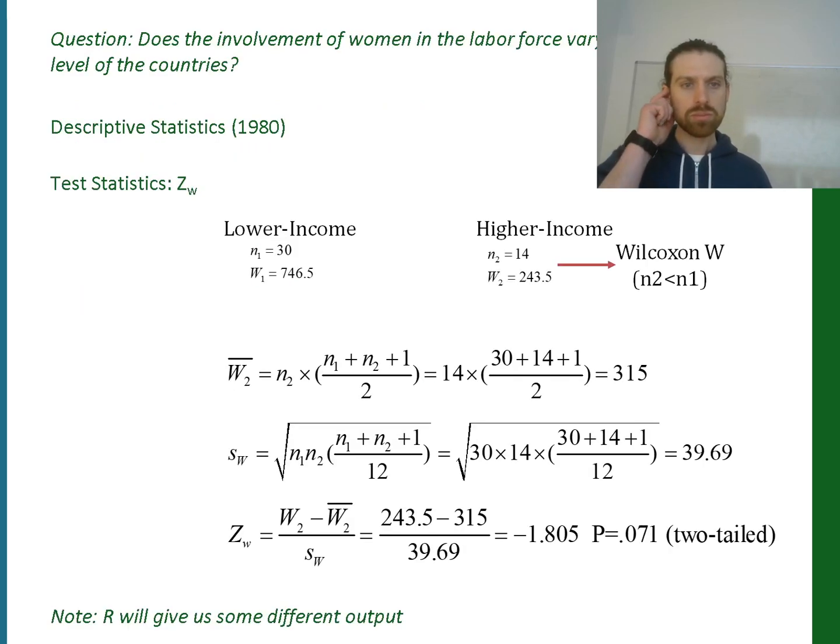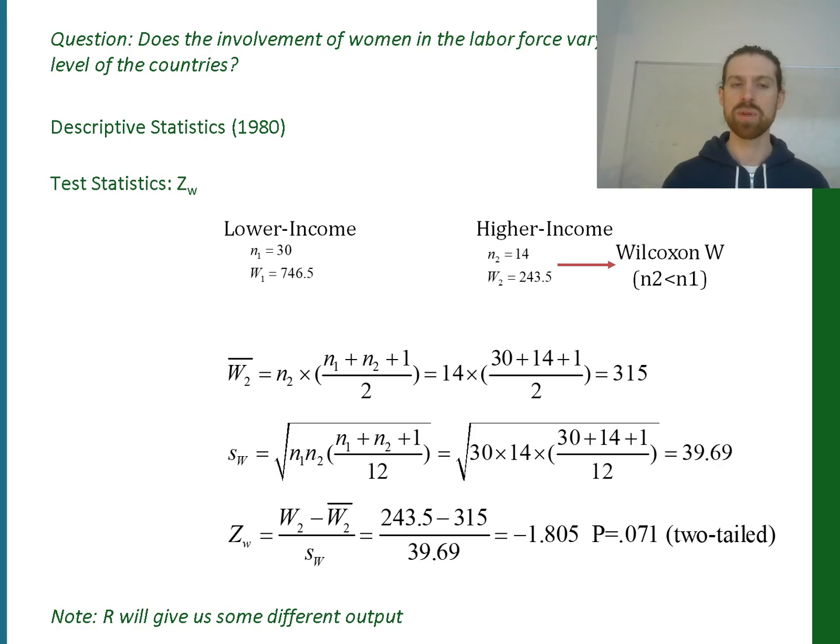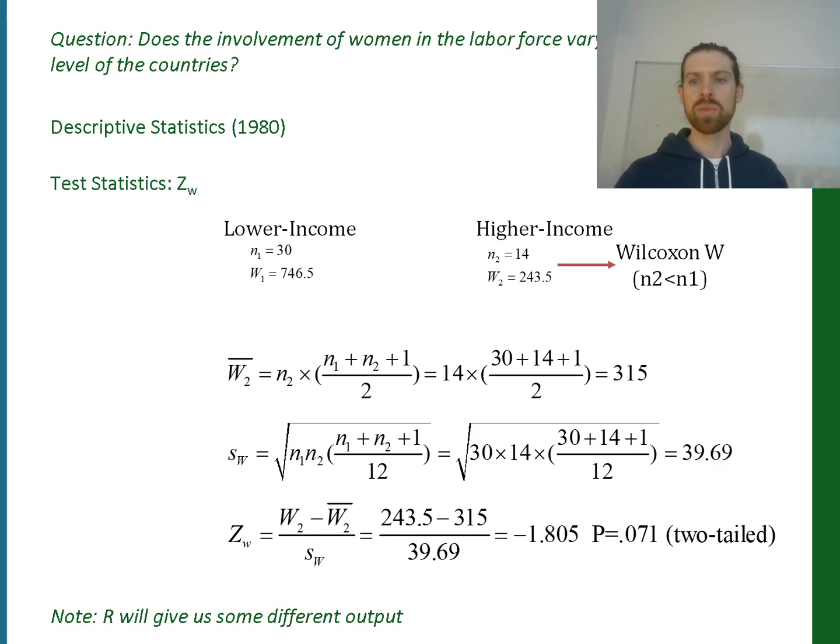Great. So let's go back to our example from before. The question is, does the involvement of women in the labour force vary by the economic development of different countries? We have the way to obtain the test statistic up here in the top right hand corner. We want to obtain this ZW test statistic.